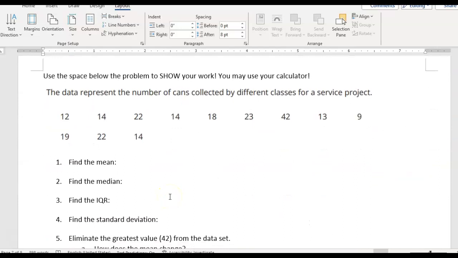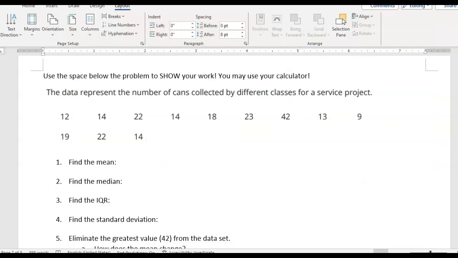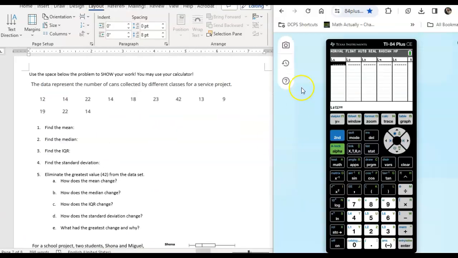So use the space below to show your work. You may use a calculator. So the data represents the number of cans collected by different classes for a service project. So I'm going to use a calculator for this one. All right, so let's go ahead and input this data. 12, 14, 22, 14, 18, 23, 42, 13, 9, 19, 22, 14.